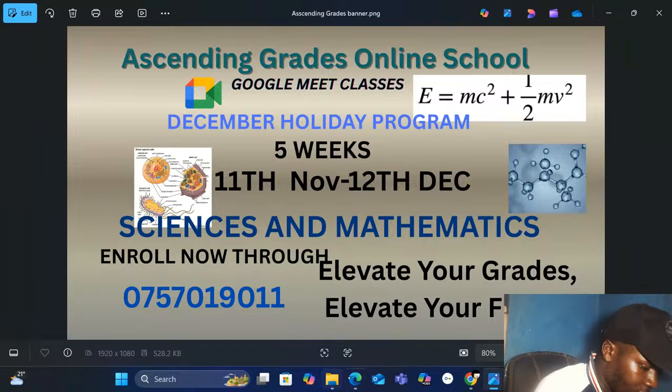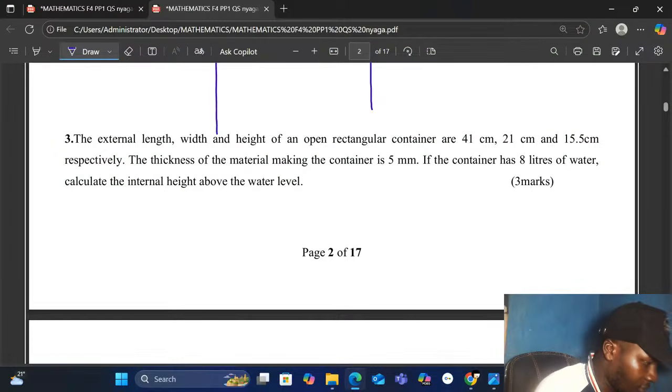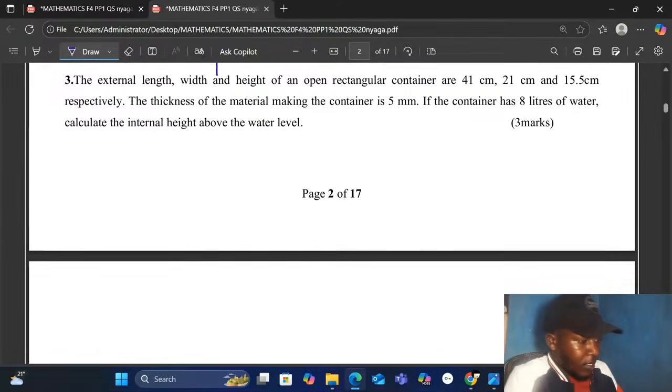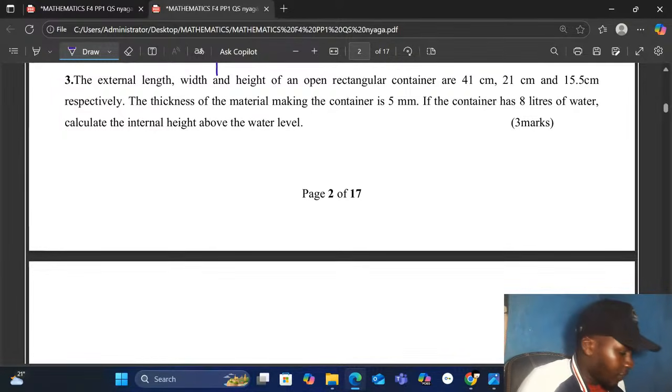Then we move to the third question. The external length, width, and height of an open rectangular container are 41, 21, and 15.5 respectively.